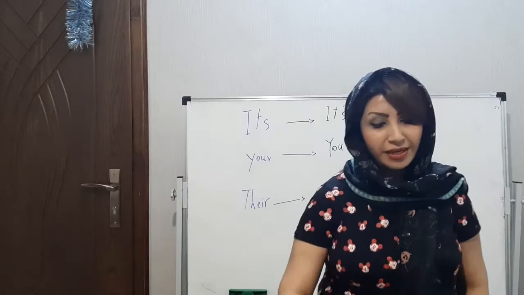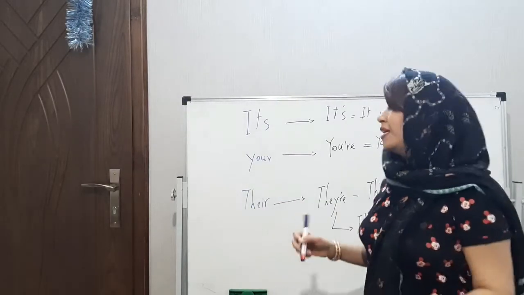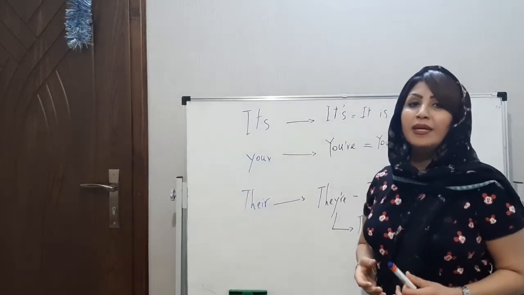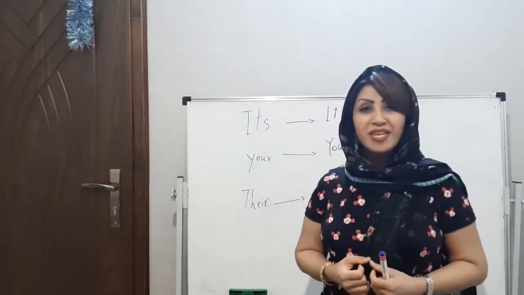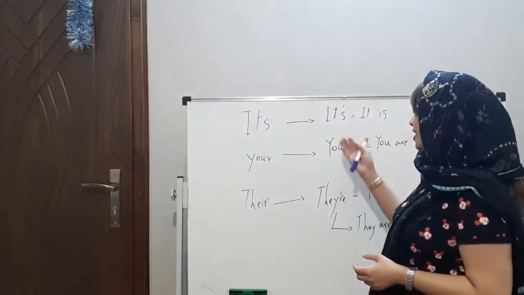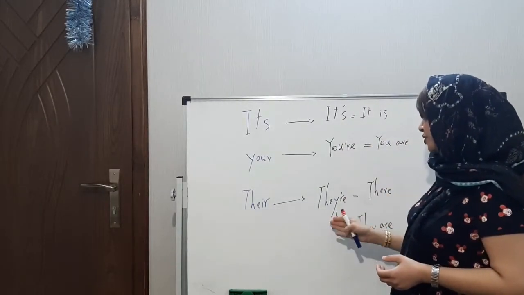As you see here, I wrote three of the possessive adjectives on the board, and I want to tell you something. Maybe you get confused with these words: its, your, and their.